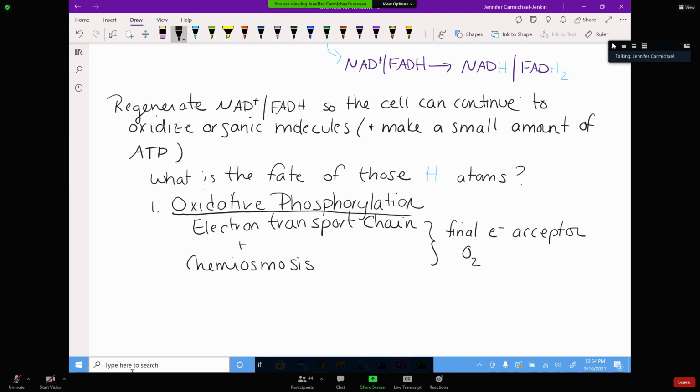If a cell or an organism utilizes this, it is what we call aerobic respiration, because aerobic is from oxygen.